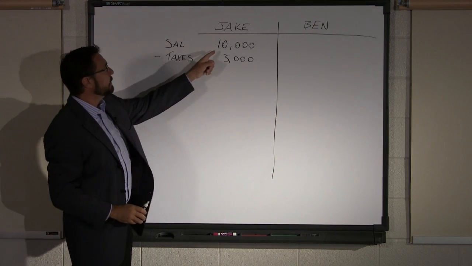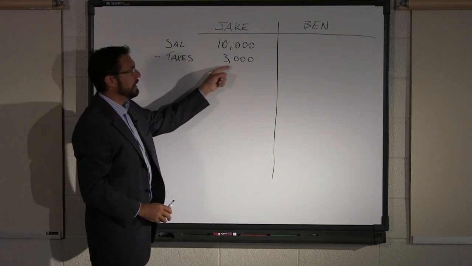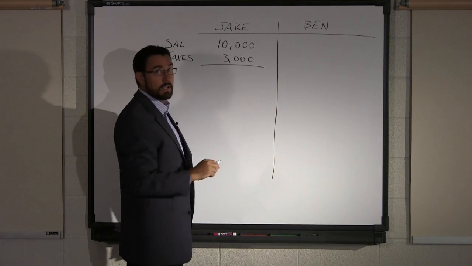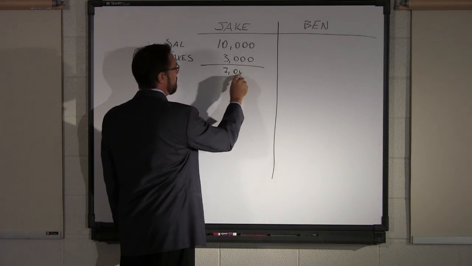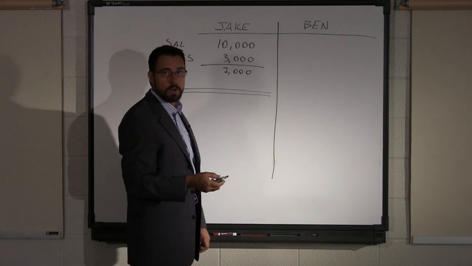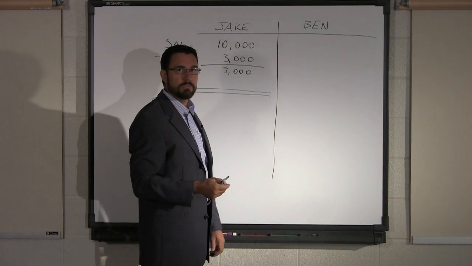All right? Jake earns a salary of $10,000 and he pays $3,000 in taxes. At the end of the year, he keeps $7,000. We'll say that the government begins with $100,000 in its fund before it receives taxes from Jake.